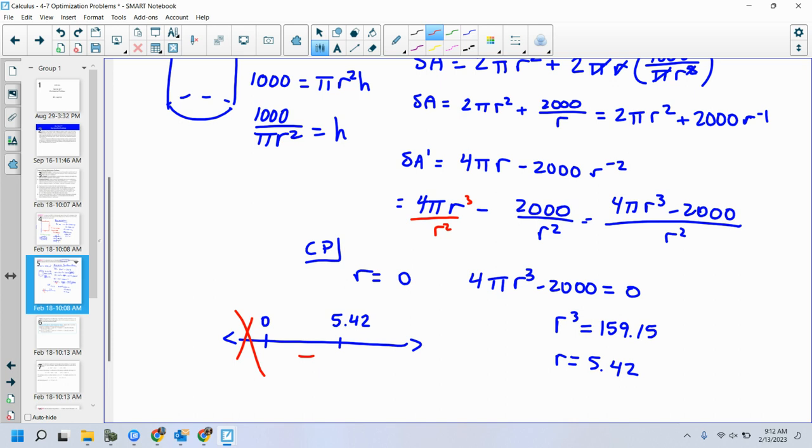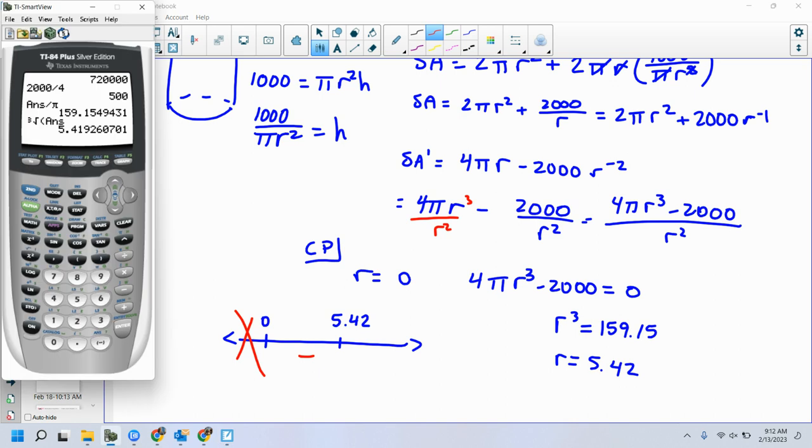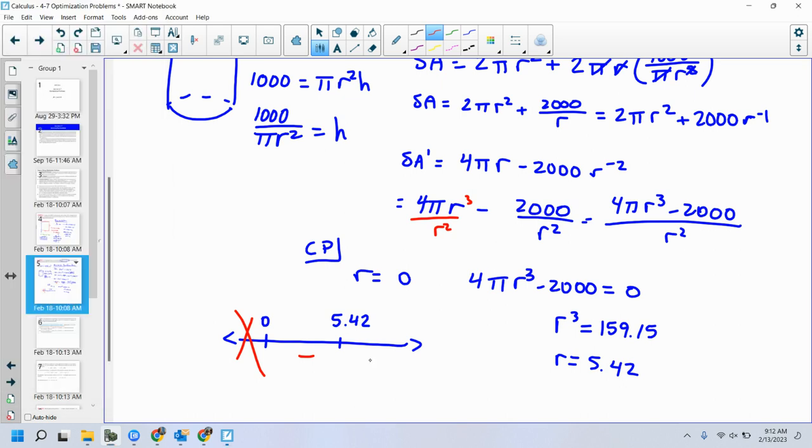Something bigger than 5.42, let's say 6: 4 times pi times 6 cubed minus 2,000, positive 714 divided by positive 36 would get me something positive. Negative to positive. So what is 5.42? Minimum or maximum? It's a minimum, which is exactly what we wanted, right?